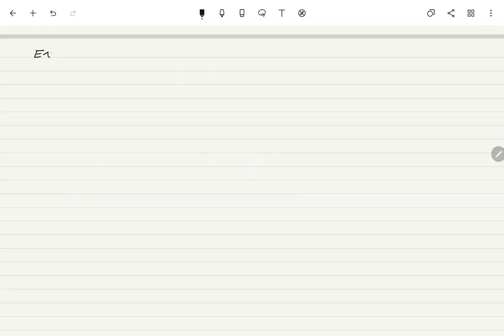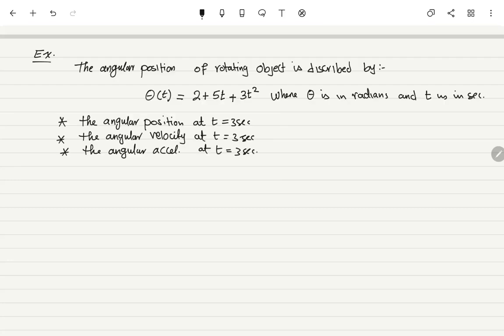Example: the angular position of a rotating object is described by this equation, theta of t equal to 2 plus 5t plus 3t squared, where theta is in radians and t in seconds. Find the angular position at t equal to 3 seconds, and find the angular velocity at t equal to 3 seconds, and the angular acceleration at t equal to 3 seconds as well.